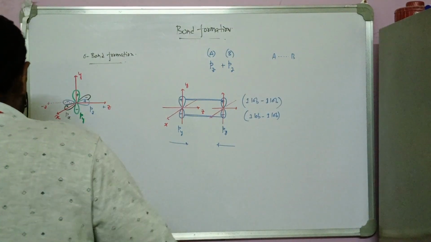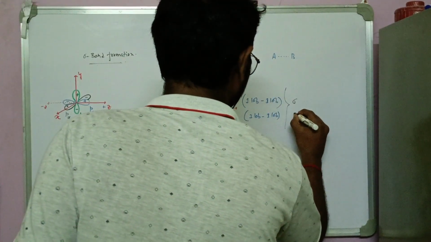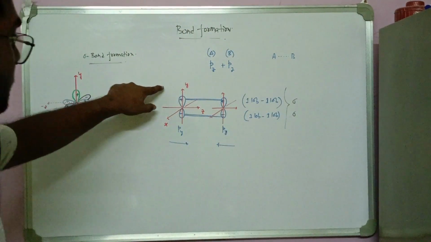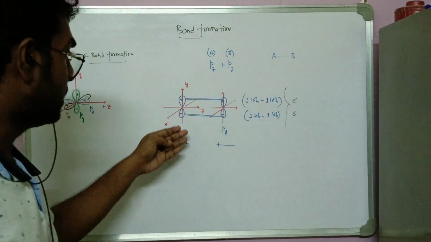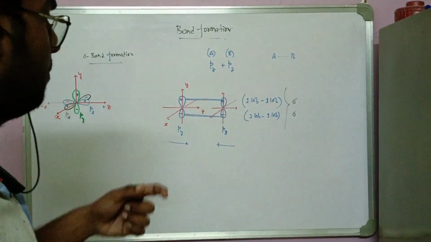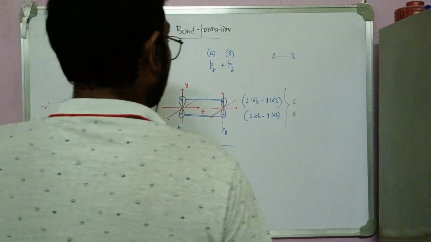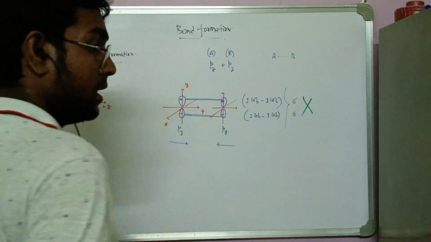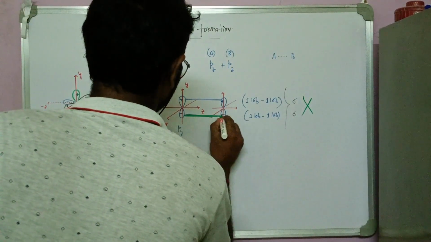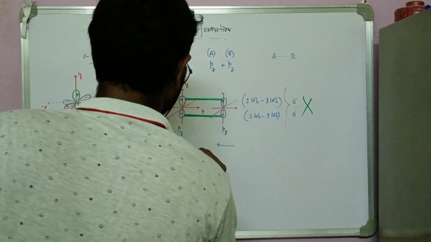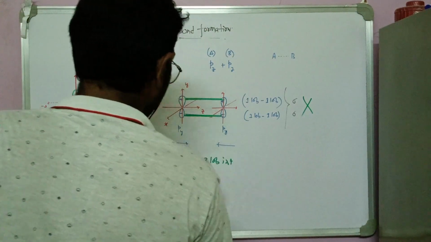So if you don't know the concept of pi bond, then you might end up with two sigma bonds, because this part is representing one lobe. The lower part is also representing one lobe. So there will be two sigma bonds, but this is wrong, because the pi bond formation takes place with two lobe interaction.